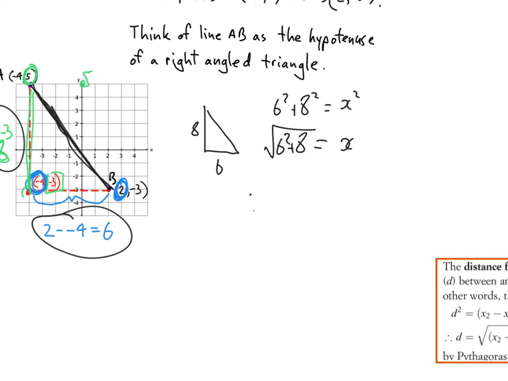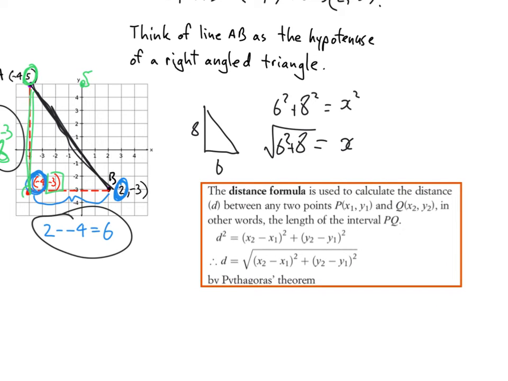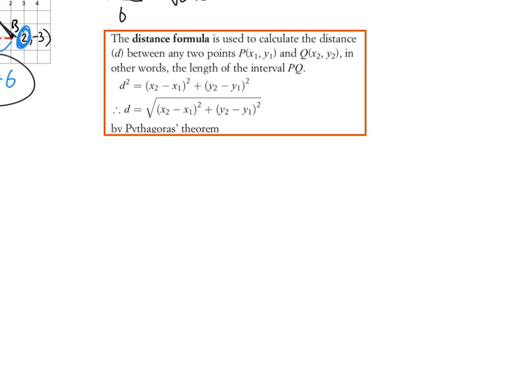Ultimately, the formula is going to look like this. So we have it in general form here. What does it mean? If I've got some 2 points, it doesn't matter what the 2 points are.